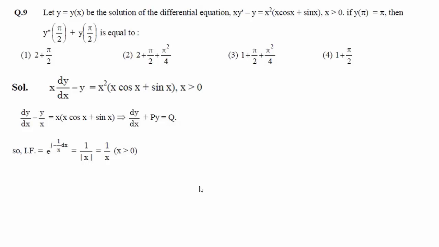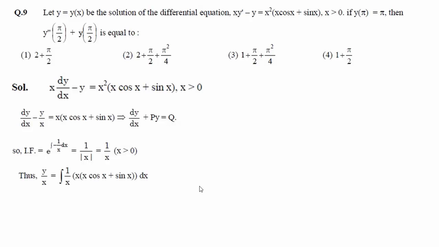So its integrating factor is e raised to the integration of minus 1 by x dx, which is nothing but 1 by mod x. But x is greater than 0 is given, therefore 1 by mod x is nothing but 1 by x. Therefore, the integrating factor is 1 by x.